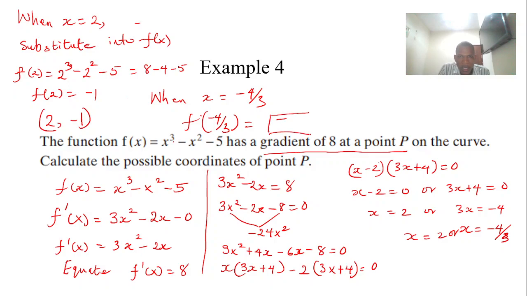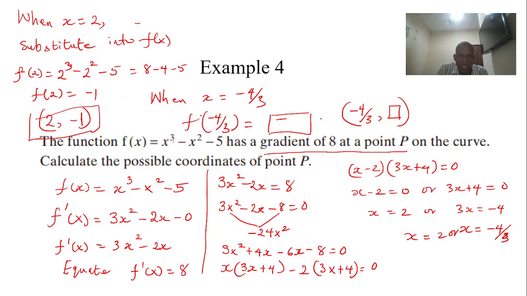Whatever you get here is going to be your second possible coordinate of P. The value of x must come first, so you write negative 4 over 3, then whatever you got there. These are the two possible coordinates of point P.